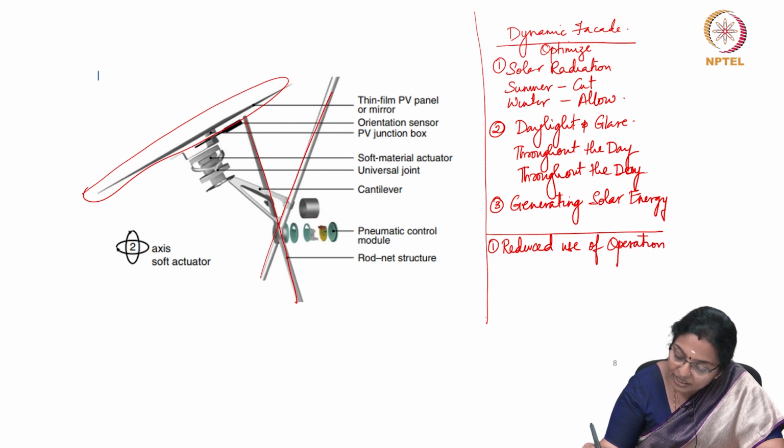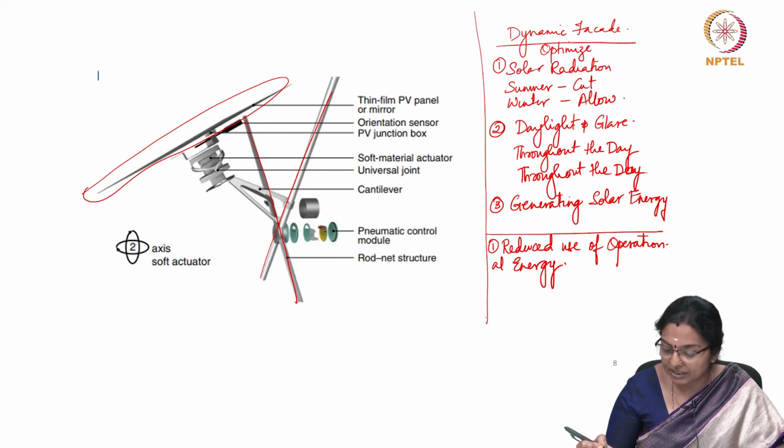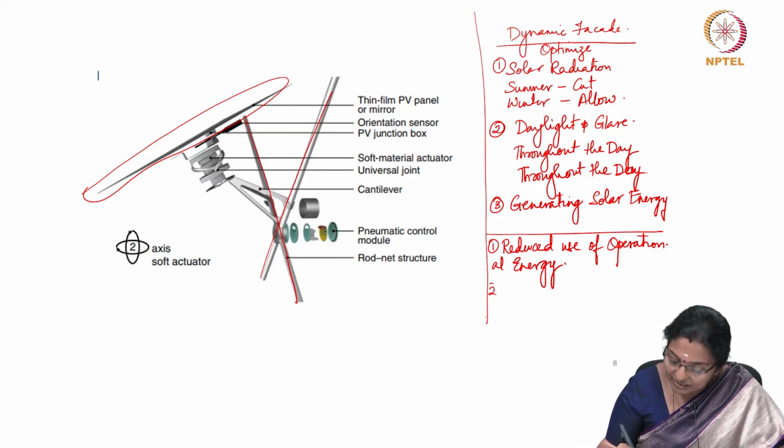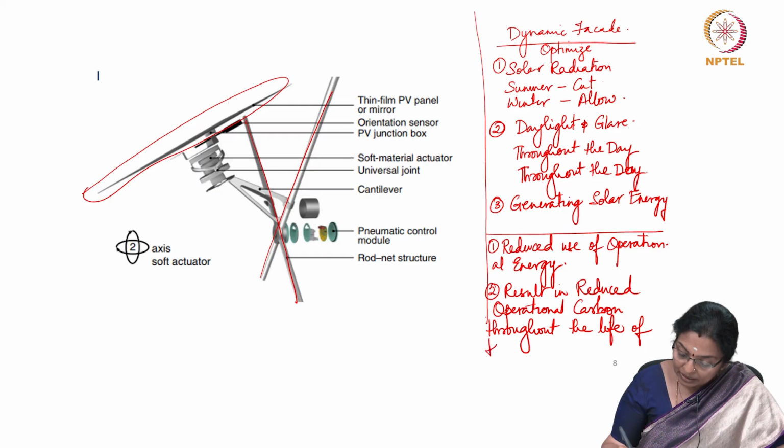The energy required to facilitate a building's indoor thermal condition will get reduced, and this will result in reduced operational carbon throughout the life of the building, lasting for at least 50 years.